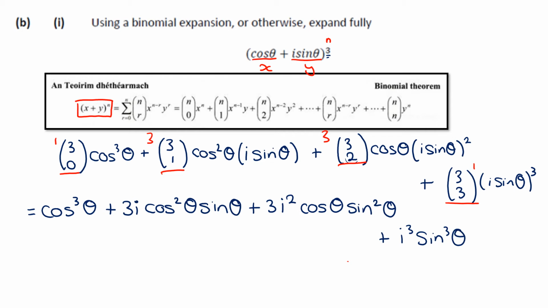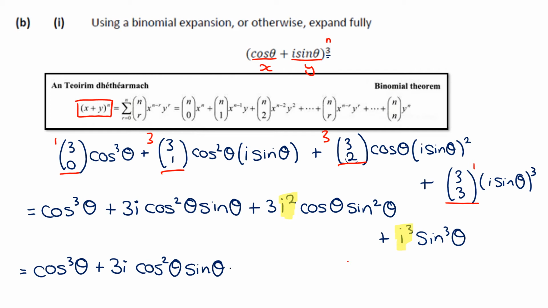So I do need to go and clean up that i cubed and that i squared. So remember, we should never have i to the power of anything. We can always simplify it down. So I end up here with cos cubed theta plus 3i cos squared theta sine theta.